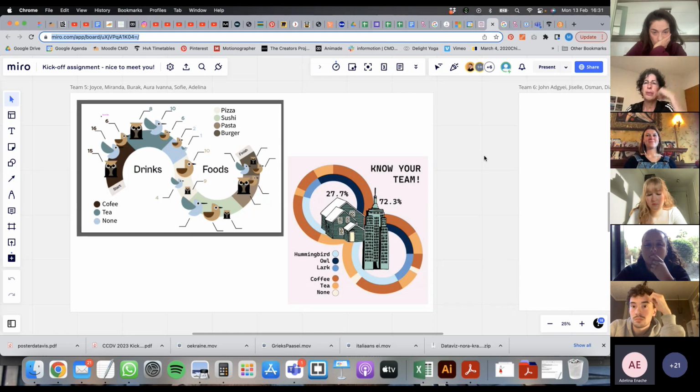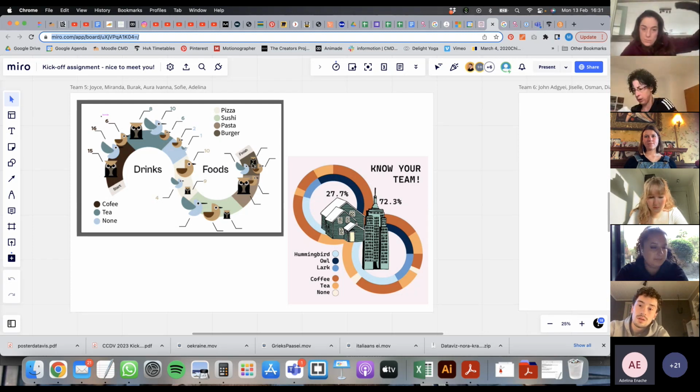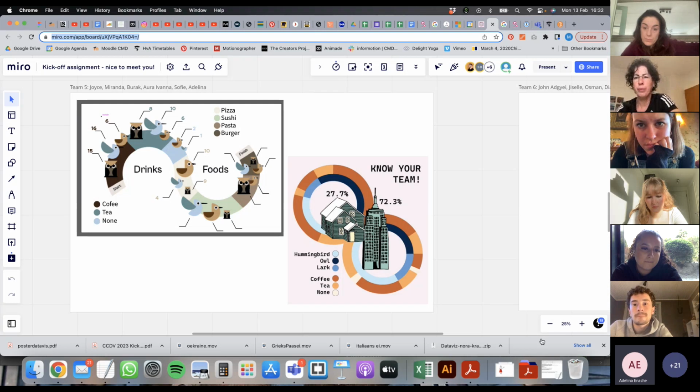One of them is supposed to be inspired by a board game, but we simplified it a little bit to be able to finish it in time. I don't know if it reads as a game, but those are supposed to be player pieces, like the birds. We used birds in both visualizations.